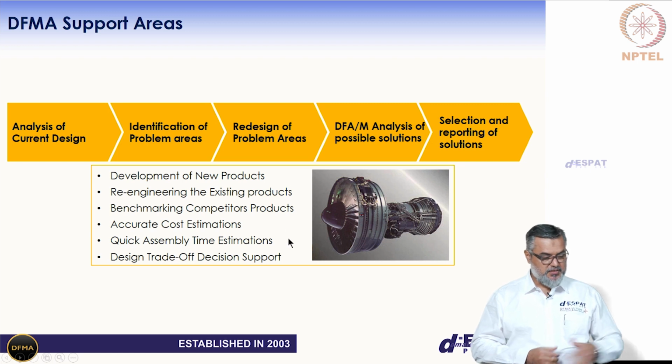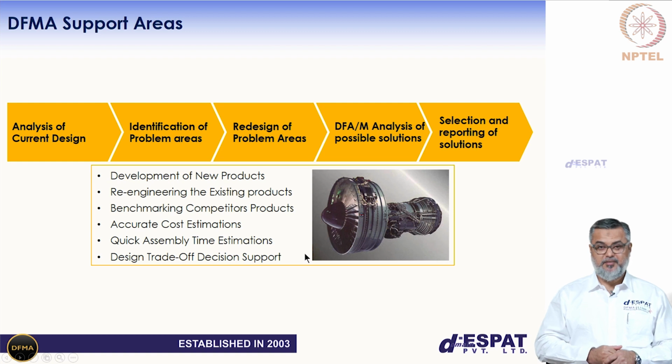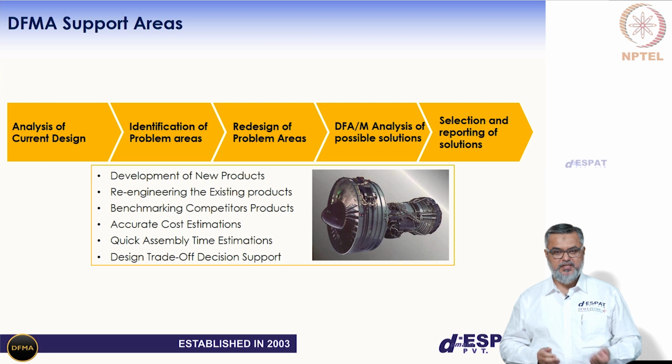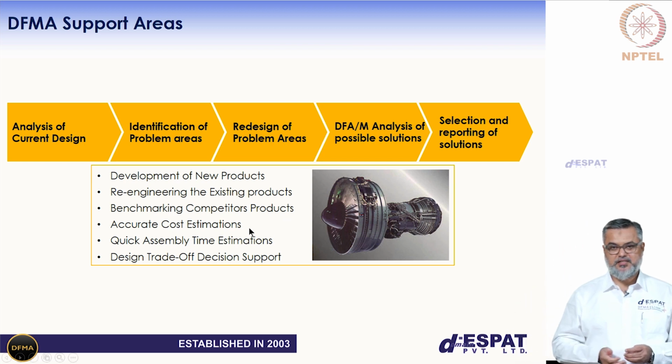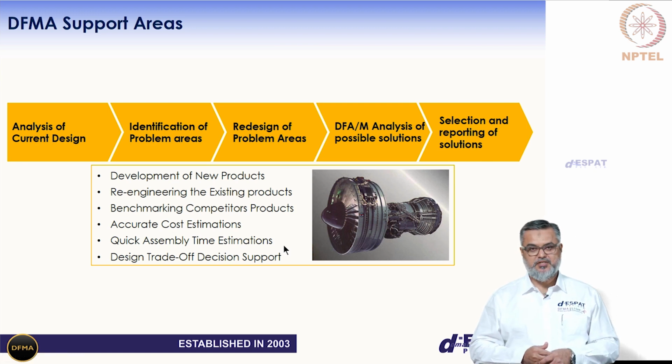So, these are some 6 pointers that highlight how DFM is currently being used in the industry for deployment. One is in development of entirely new products where there is no reference of existing design, re-engineering existing products, which forms a big chunk of all the new product initiatives that are happening, benchmarking existing in-house as well as competitor products, making accurate cost estimations, because most of the data that lies today with organizations is history based as a legacy.